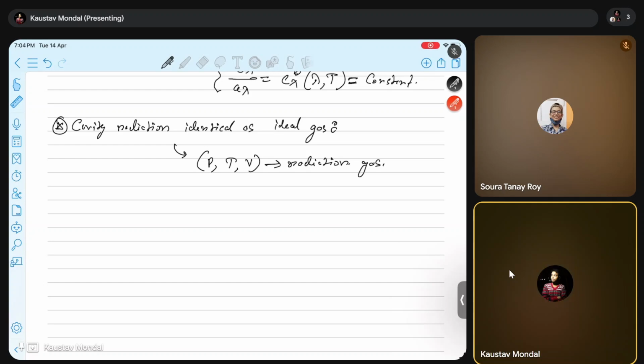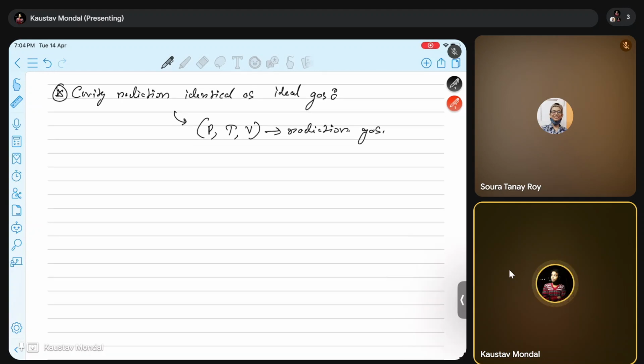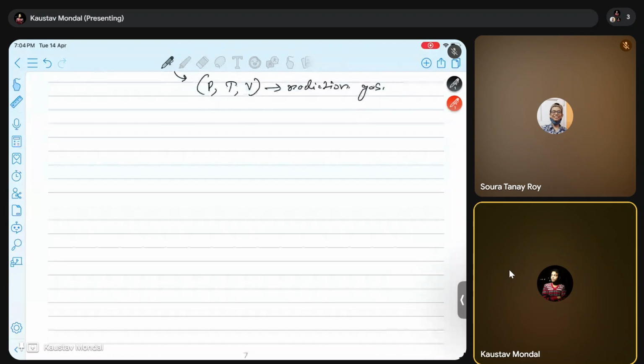How to do that? In order to do that, we will first define the energy density. For the case of radiation, you are familiar not with the total internal energy, but with the energy density, which is denoted by small u. Small u is basically capital U, the total energy, divided by the volume.